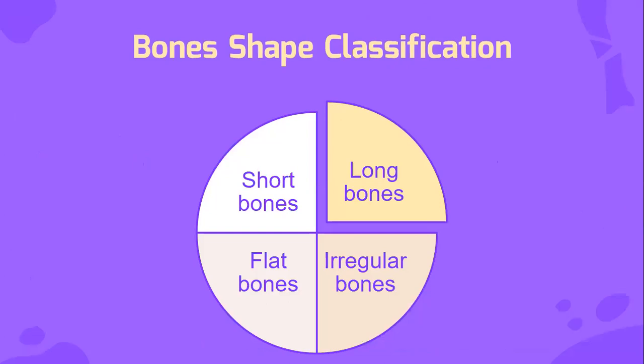So let's get to the topic we're going to discuss today. So as you all know, the bones of the body have a variety of sizes and shapes, right? So there are four principal types of bones, which are the long bones, the short bones, flat bones, and irregular bones.